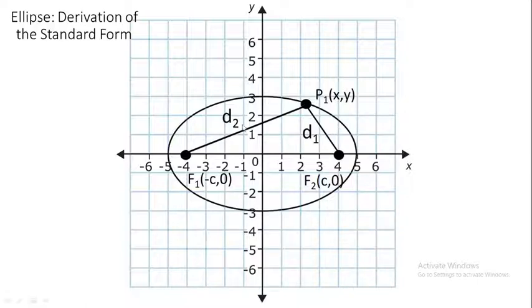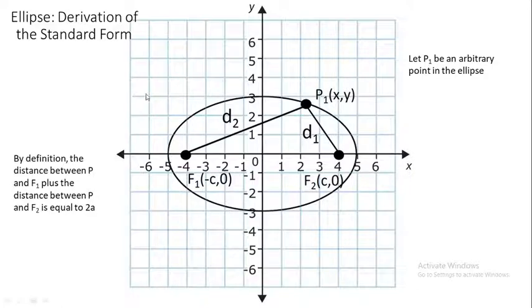For example, we have an ellipse that has an arbitrary point P with coordinates x and y. By definition, the distance between P and f1 plus the distance between P and f2 should be equal to 2a.